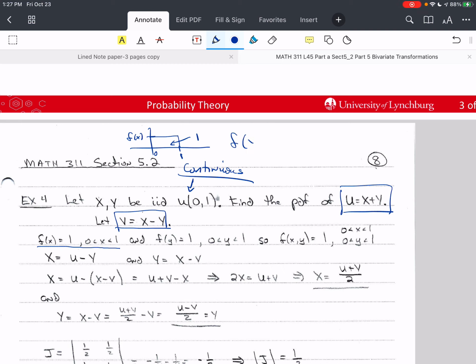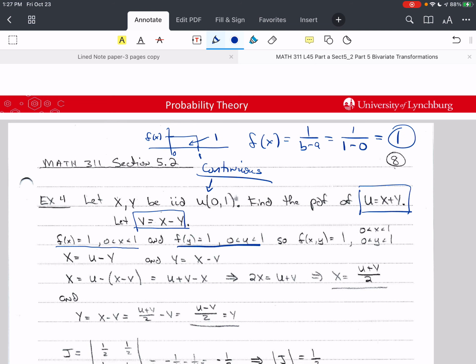So f of x was equal to 1 over b minus a. Here, b is 1 and a is 0, so we have 1 over 1, which is 1. And remember that y is identical, so f of y will be 1 as well.